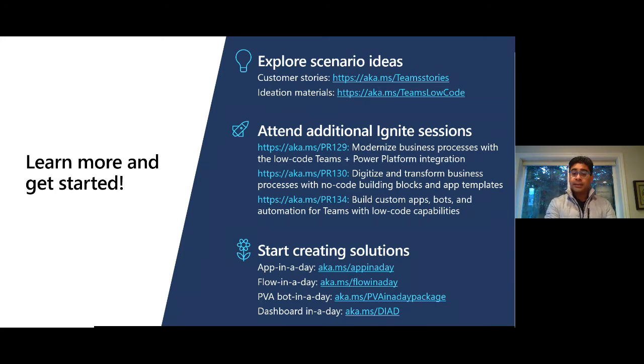Yes. As I said some time ago, for most of the commercial Microsoft 365 and Office 365 licenses, you should be able to create, manage, and deploy a bot right in the context of Teams with Project Oakdale. If you do need access to premium connectors or premium scenarios, then of course there's an opportunity for you to upgrade to a premium license. Awesome. Or start a trial right within Teams.